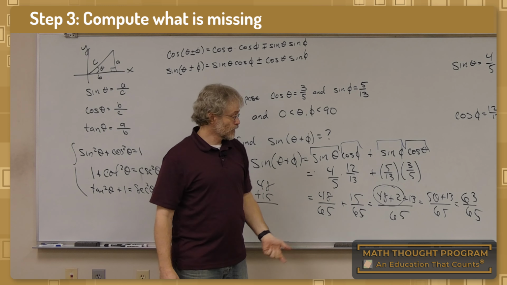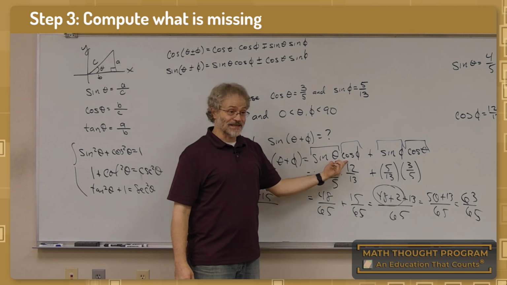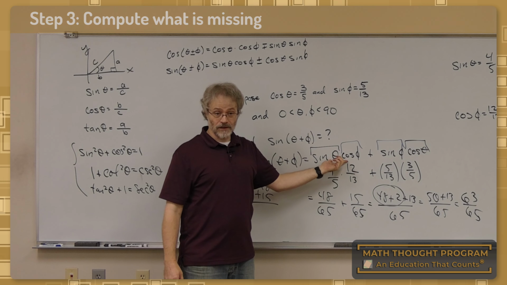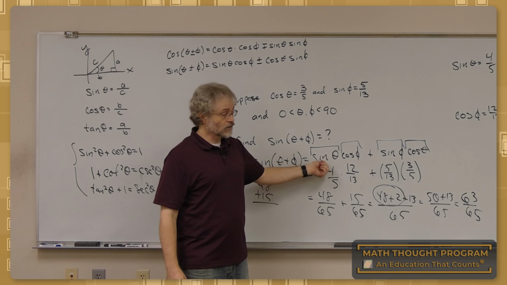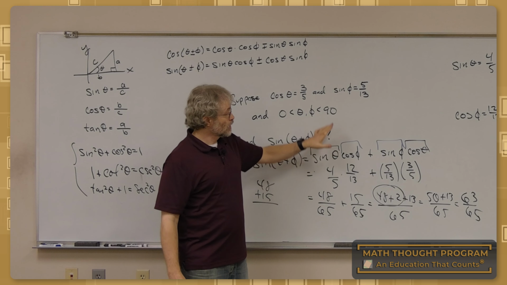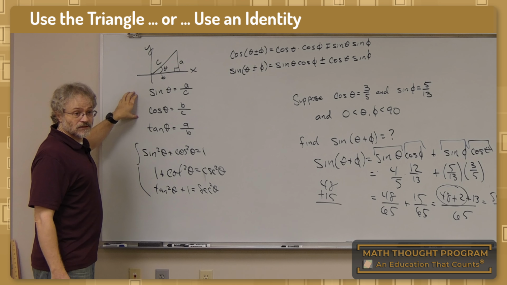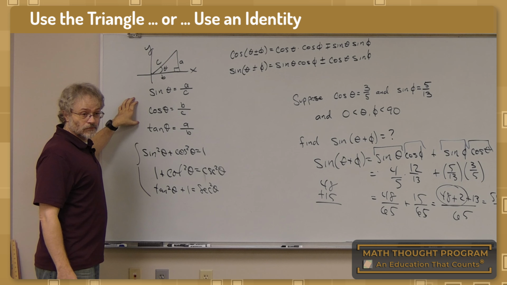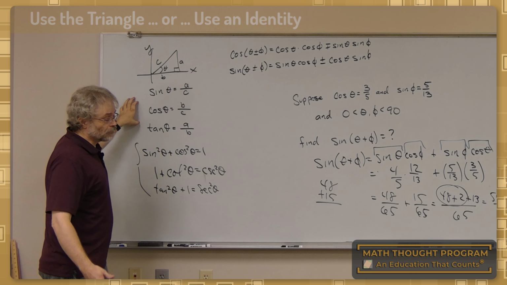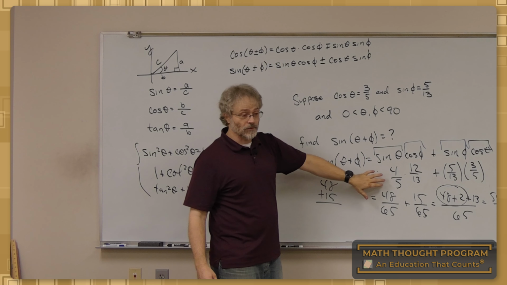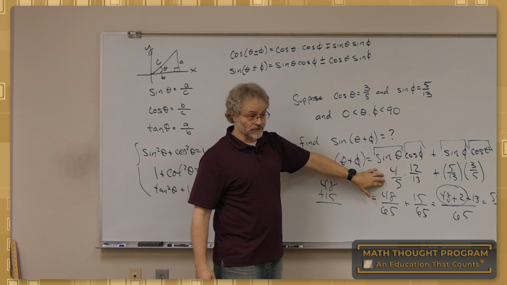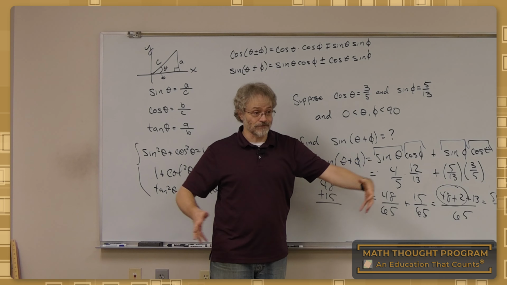The next step, look for what you need. You want to get the sine of theta, you're going to need this part right there to figure it out. And how do you figure it out? It goes back to this. Construct your triangle, use the Pythagorean theorem, and then figure out what the value is going to be. Likewise for the other piece. And then just simplify it in the very end, put it all together.